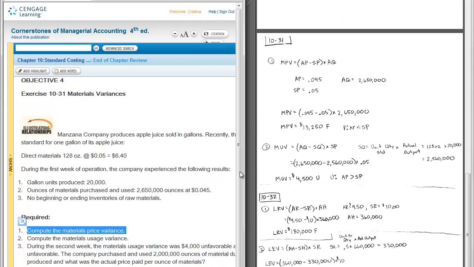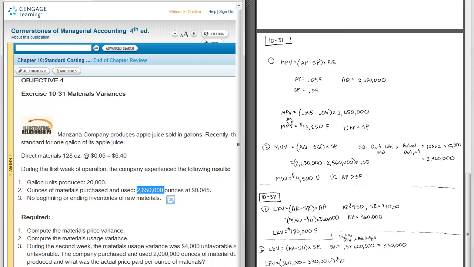The actual price paid, we see here given in the results that the company actually experienced, 0.045. The standard price is towards the top there. We're talking about our standards. It's 0.05. And the actual quantity, again, looking at the actuals here, the bottom half of the given information, it's 2.65 million.